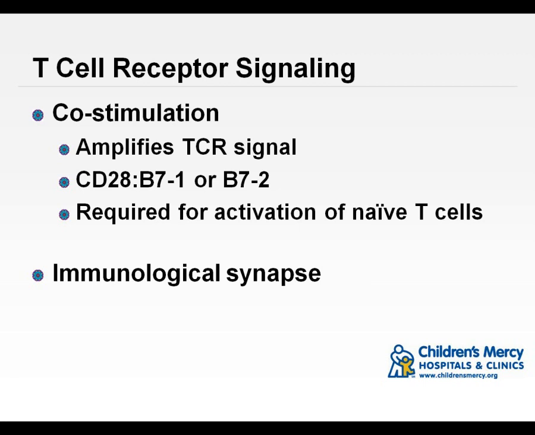If you think of on each cell almost a whole circle of different receptors that are interacting, that's the reality of what's happening when two cells interact. In immunology, we try and break things down and make it more simple by describing one interaction at a time. But it's really a very quick, dynamic, complex process that's occurring.